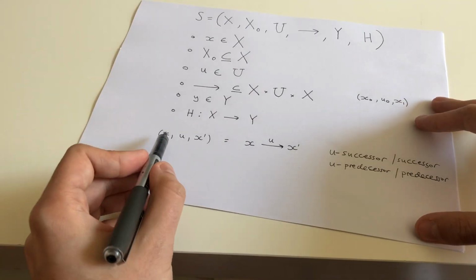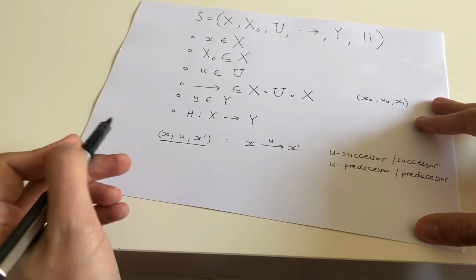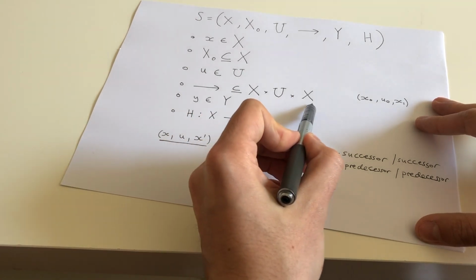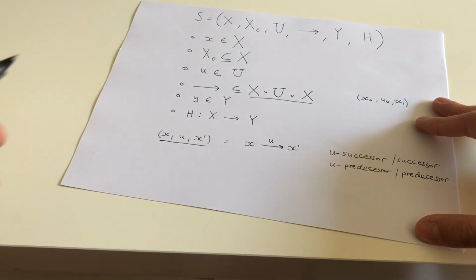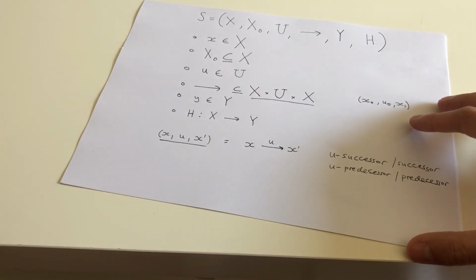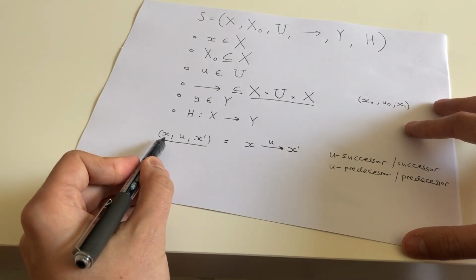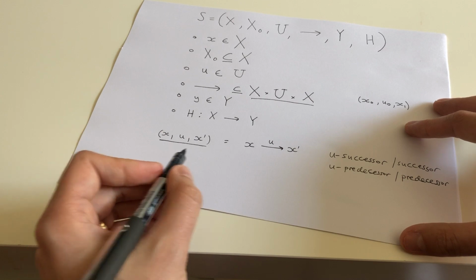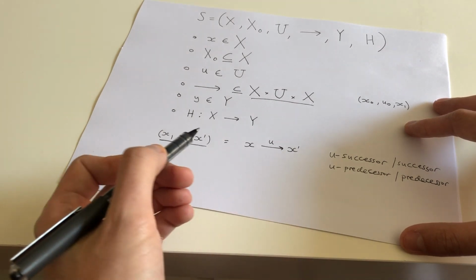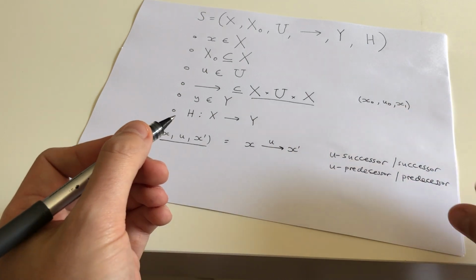Another thing is that because this transition belongs to this set here, we know then also that x could have multiple inputs that it can use, and it could have multiple successors.